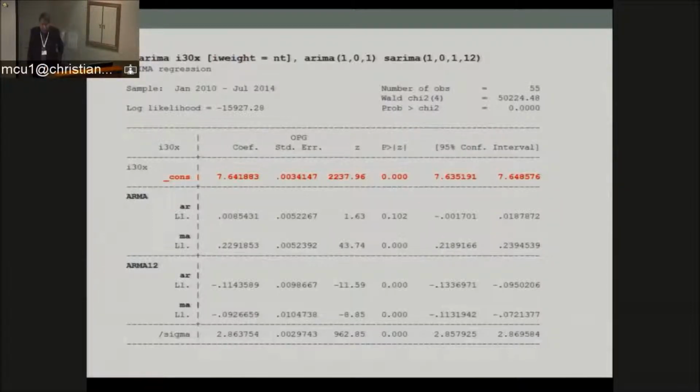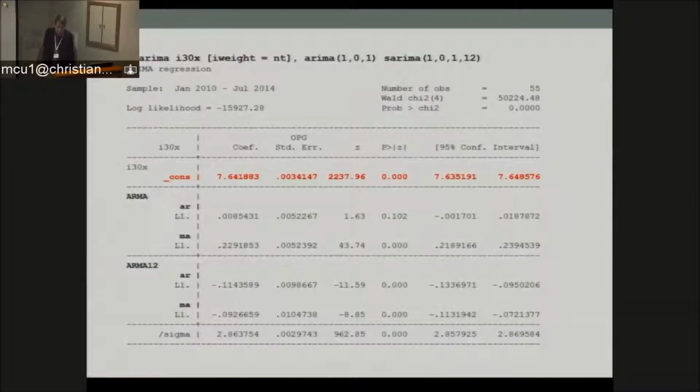Can you repeat again what's the 101 here? The first number in the model, after the word ARIMA, refers to the autocorrelation. So putting my 1 there means I'm assuming that I have a first autocorrelation in my time series.